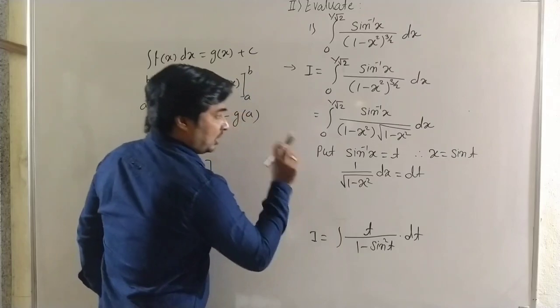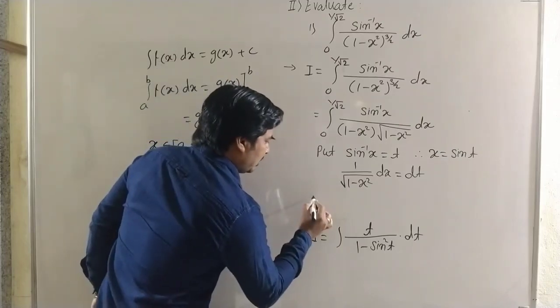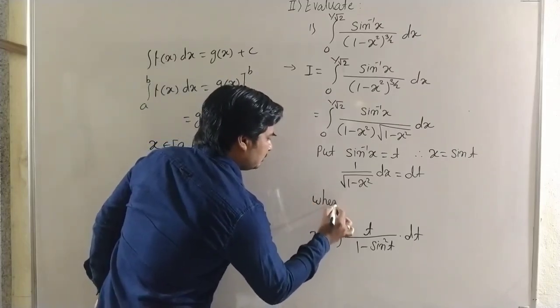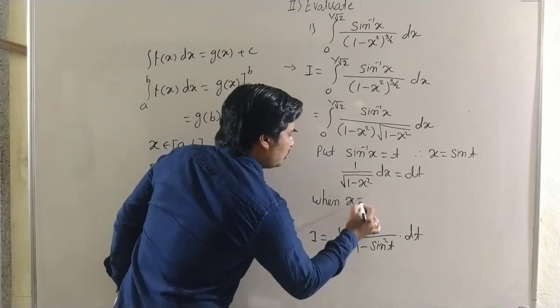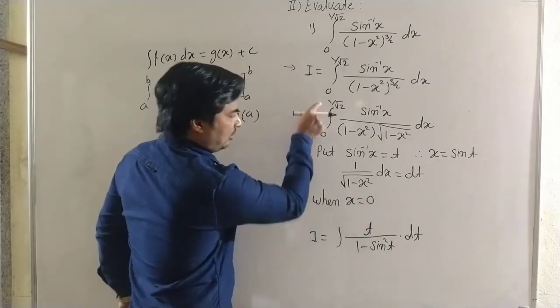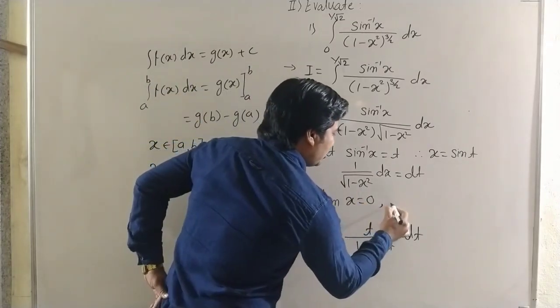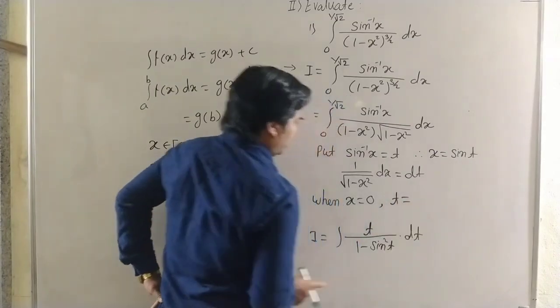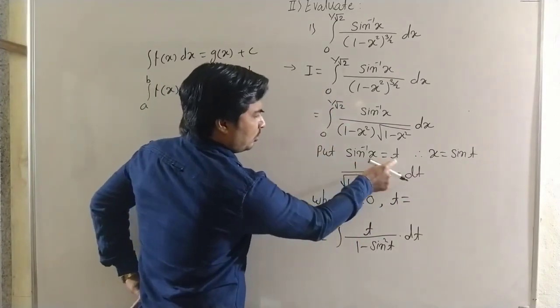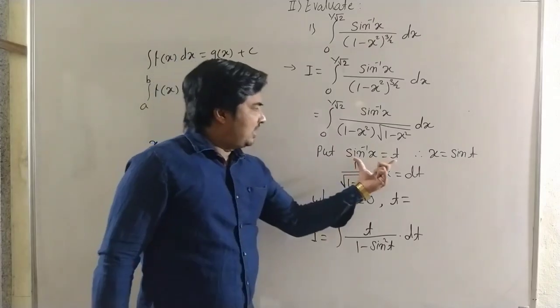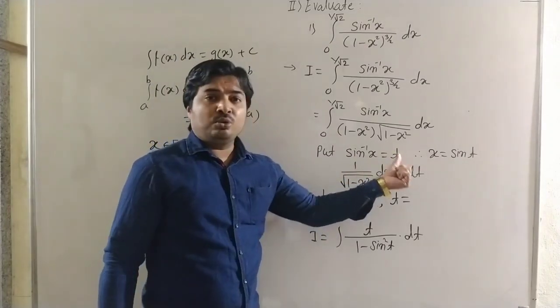Change the limit. In the substitution, see carefully, when x is equal to 0, we want to find the value of t. Sin inverse x is equal to t.